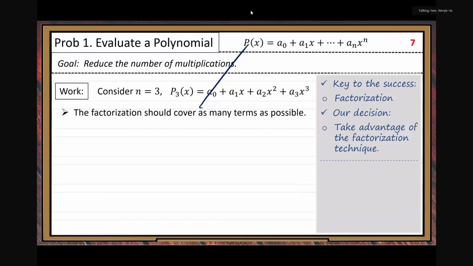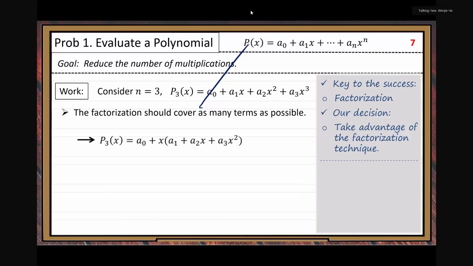The more we cover, the better we can do, because factorization is the main reason to reduce the number of multiplications. If we make our factorization coverage as large as possible, then our chance to reduce the multiplication will be bigger.